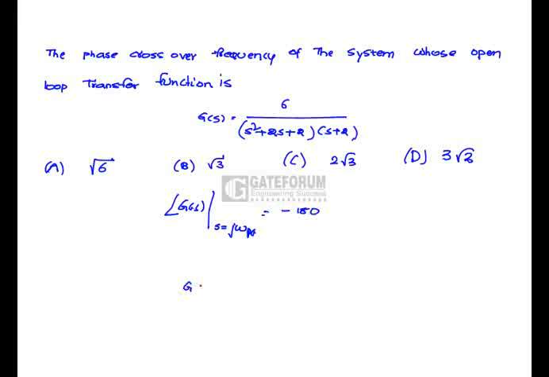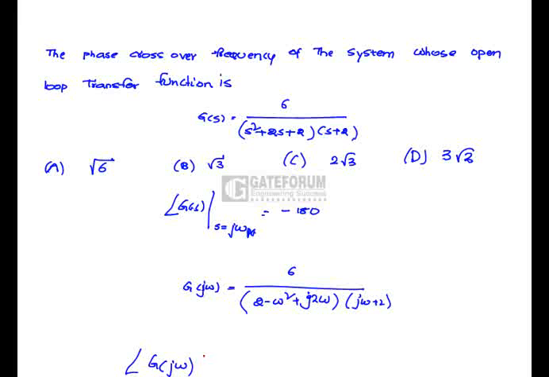So G of j omega is equal to 6 by (2 minus omega square plus j2 omega), times (j omega plus 2). So the angle is equal to minus tan inverse of omega by 2 minus tan inverse of 2 omega divided by (2 minus omega square).